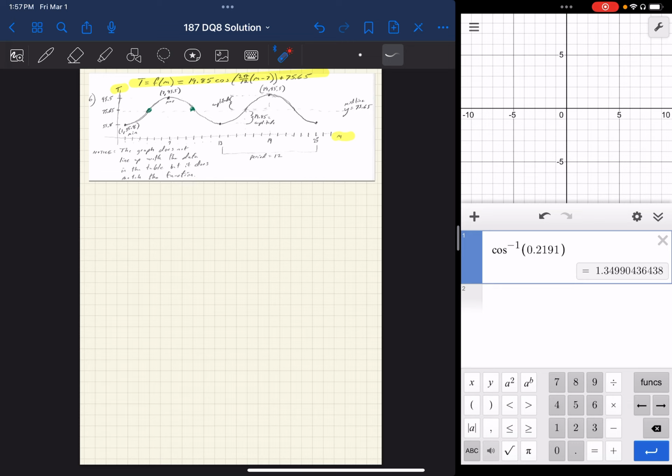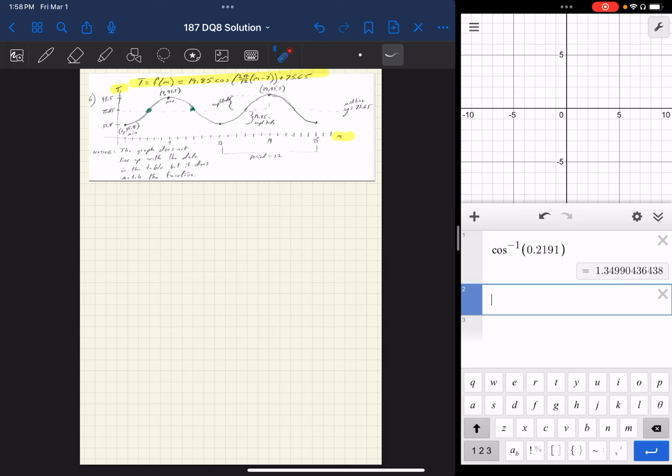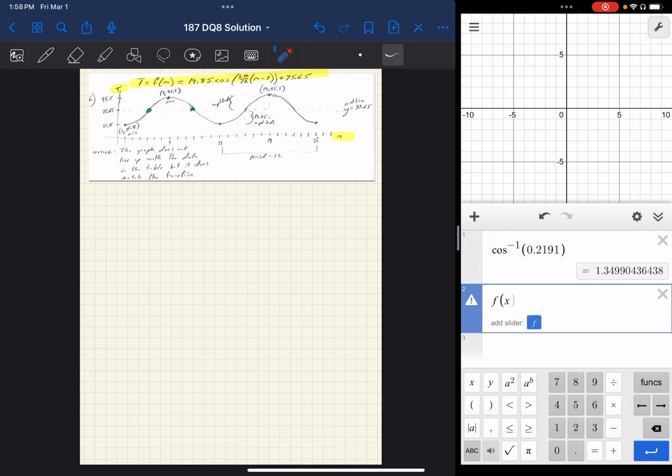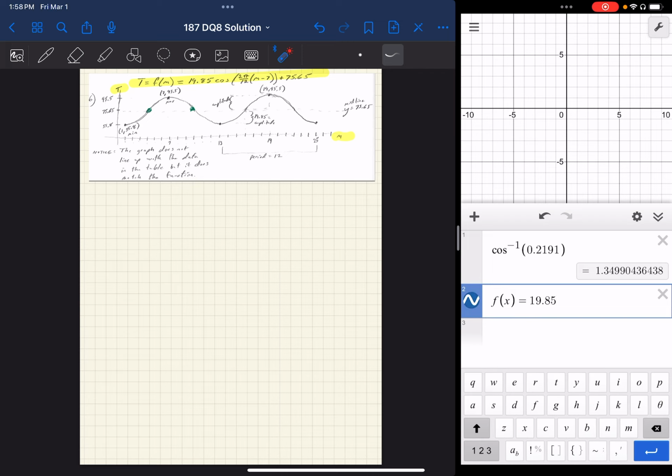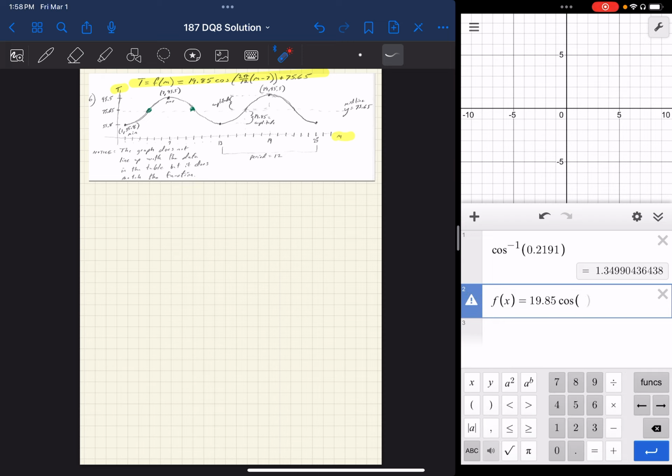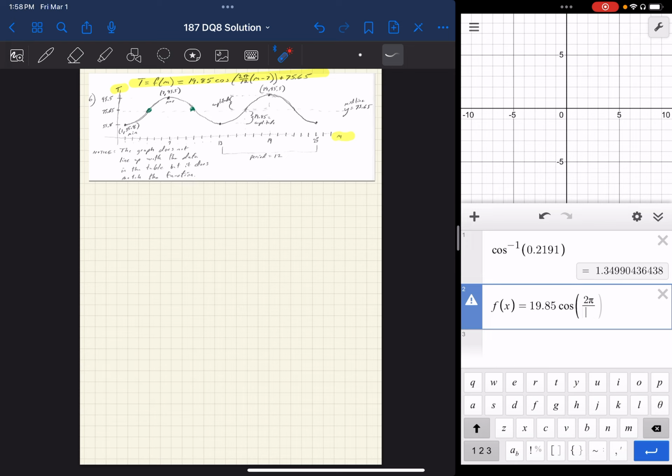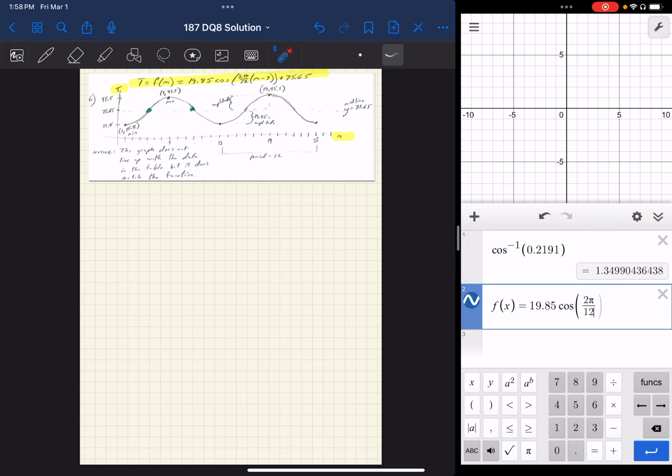All right, now we can also check that over here. I can type, for example, f of x is equal to 19.85 times the cosine of, and I'm going to put my division sign, 2 pi over 12.